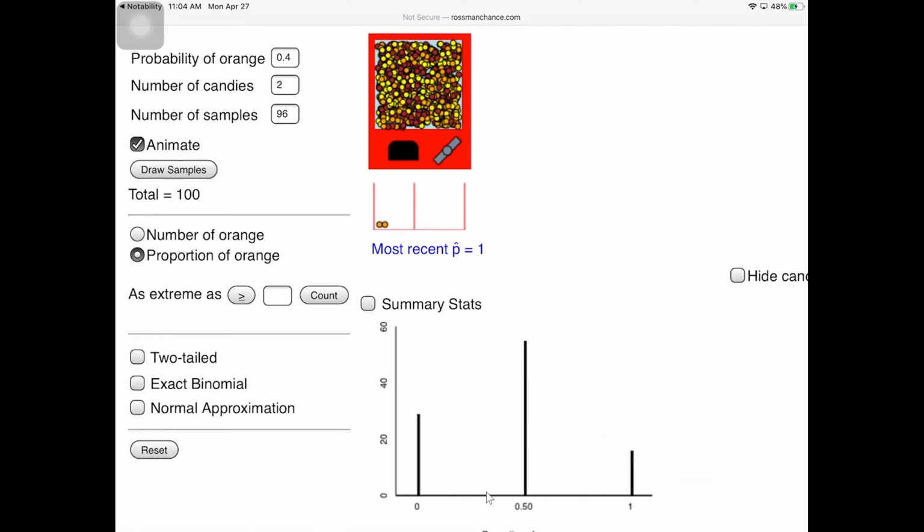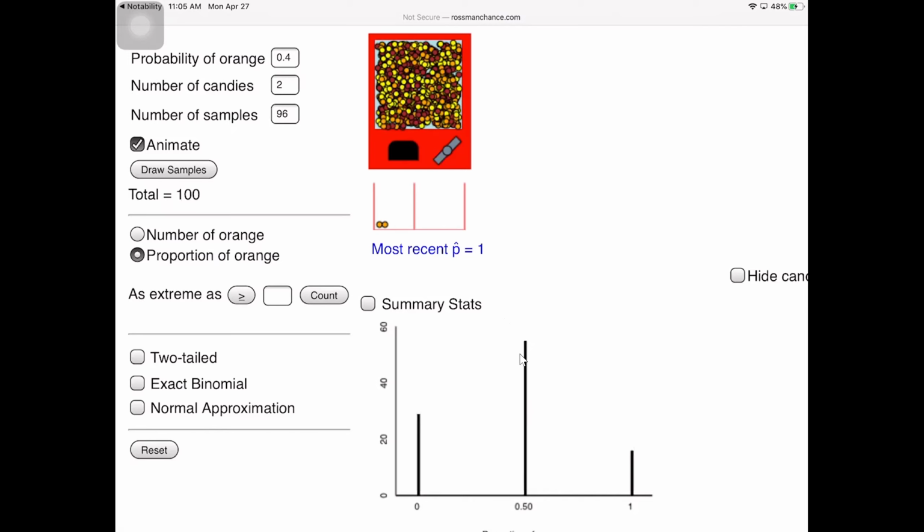If you look at it, which one gathered more samples: 0, 0.50, or 1? If you look at 0.50, it actually has a higher proportion of samples landing there. That's telling us that p is somewhere near 0.50.